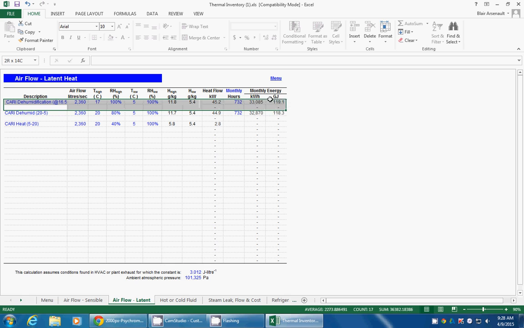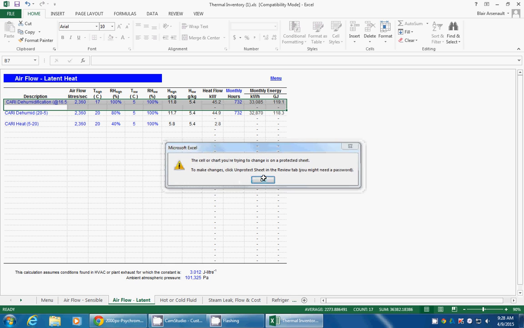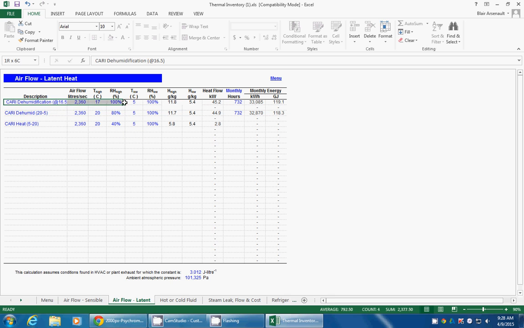Okay, so we'll just delete that. You can fill that out just by exactly following the lines on your psychrometric chart.